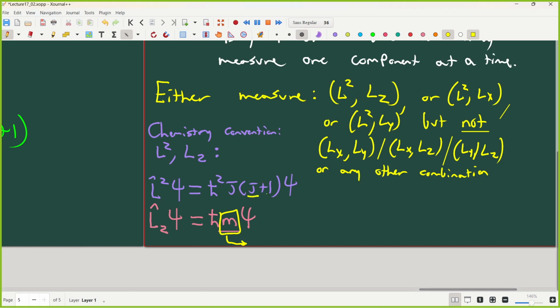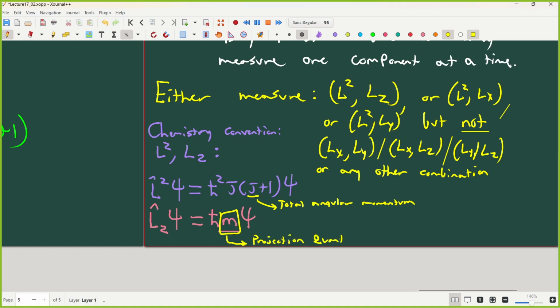So you have this one, the total angular momentum quantum number, and this is the projection quantum number. These are where the 2 numbers come in. This is why we have 2 numbers, because there's only 2 things we can measure about angular momentum.